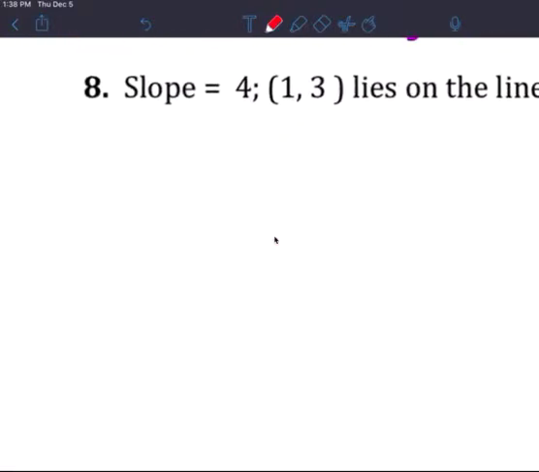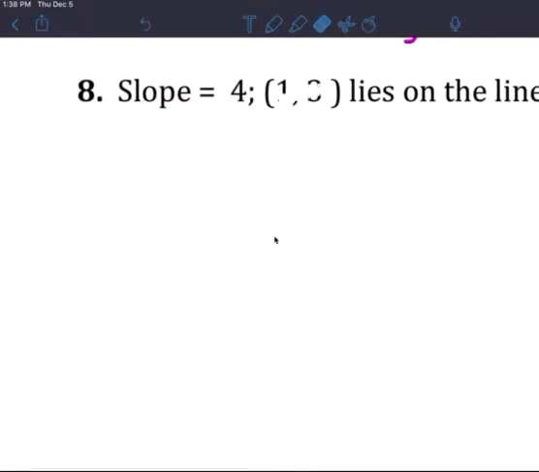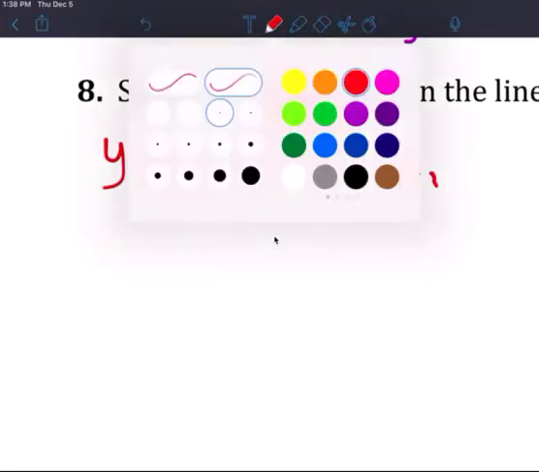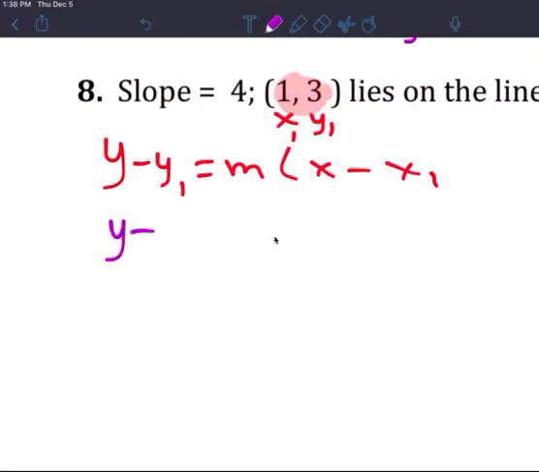Okay. Number 8, a point and a slope. Point slope is y minus y sub 1 equals m parentheses x minus x sub 1. Okay, let's substitute the numbers in. Y minus 3 equals 4 parentheses x minus 1.